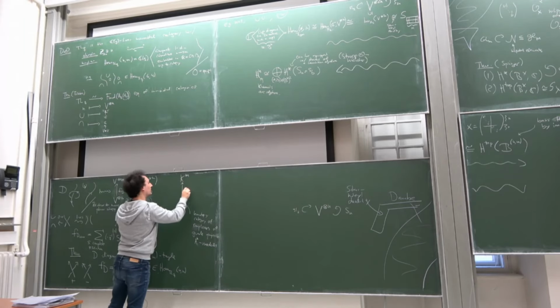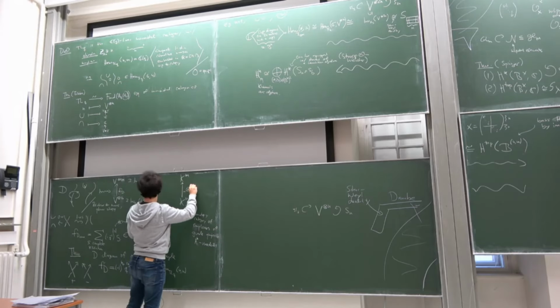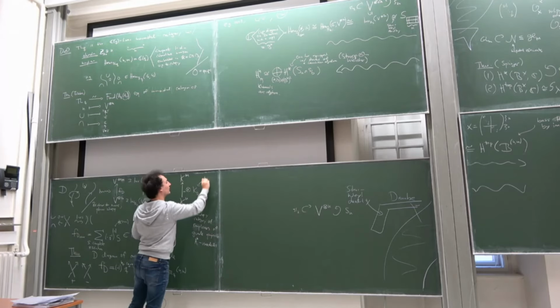And you have a functor here given by tensoring with a certain complex of bimodules, which I'm going to call K_D. So that's a Khovanov complex.